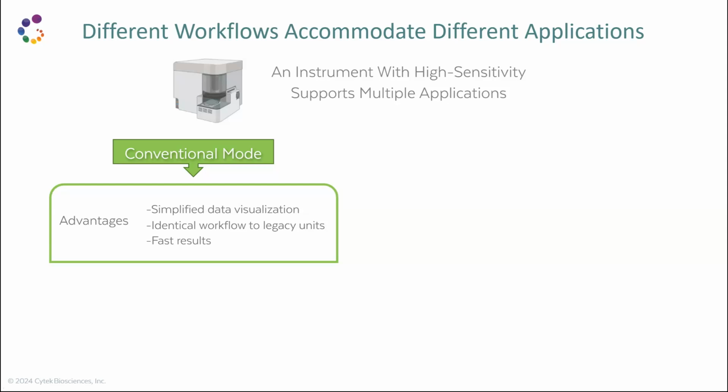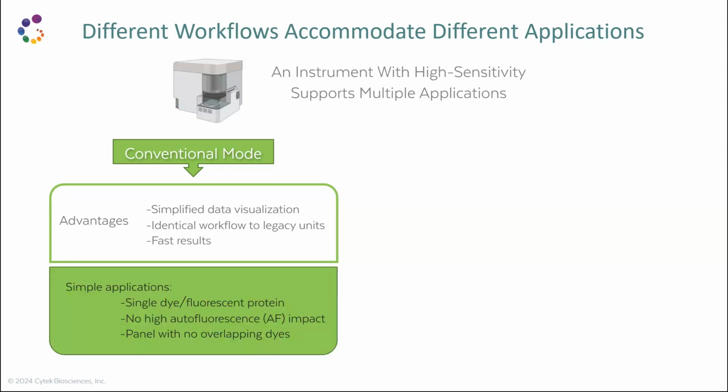Another advantage is that if you're used to using a conventional cytometer, the workflow that you will follow in this conventional mode within our instrument will allow you to keep consistency and not have to relearn things. Definitely having less options, a simplified visualization of your data, and fewer clicks to go through a certain process is going to give you fast results.